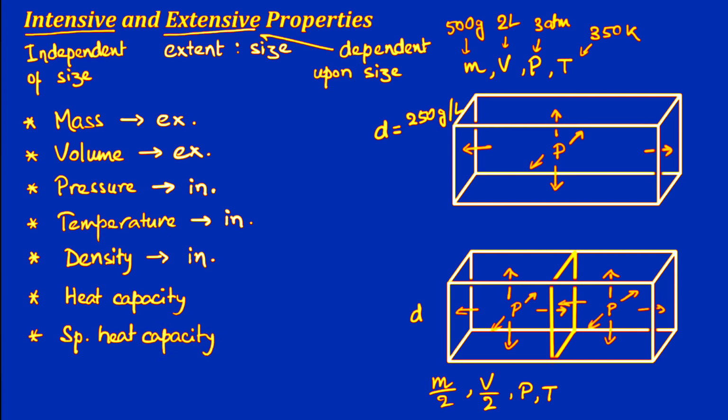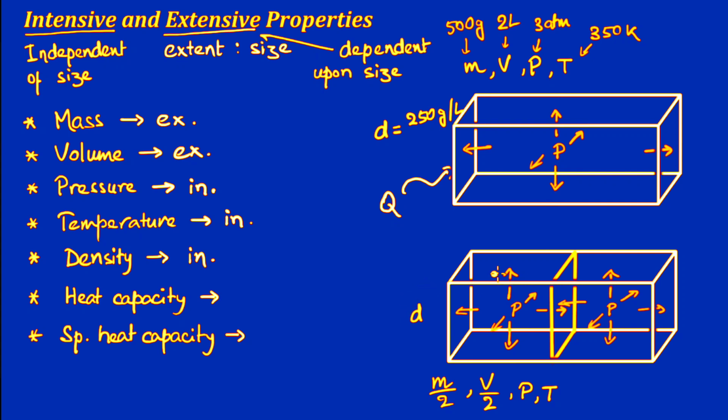So what is heat capacity? Basically, heat capacity is like if we are supposed to raise the temperature of a sample by 1 Kelvin, we are supposed to provide the Q amount of heat.